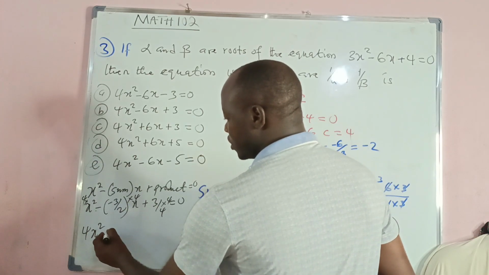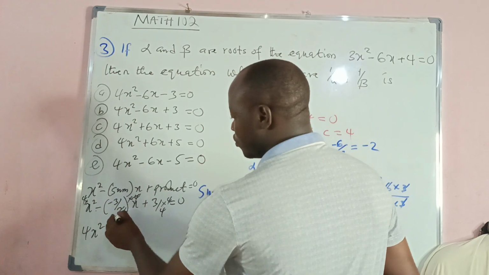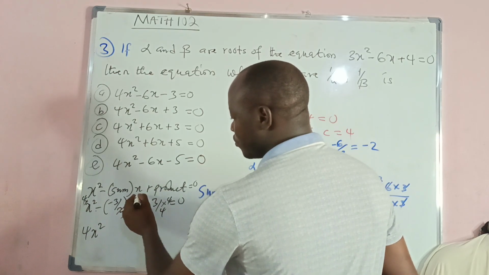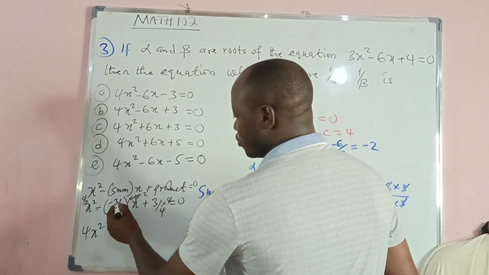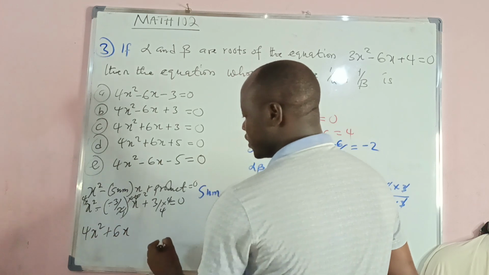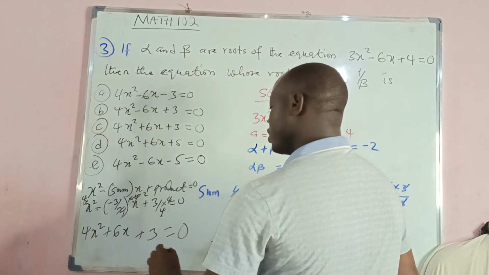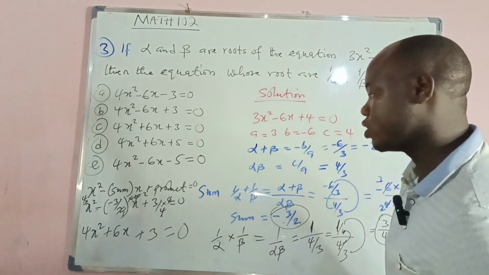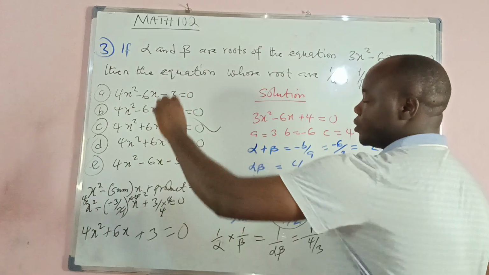Minus times minus is plus, so 4 times 3 over 2 gives 2 into 4 is 2, and 3 times 2, we have plus 6x. And then this is plus 3, then it's equal to 0. So this is the equation 4x squared plus 6x plus 3. Therefore the answer is option C.